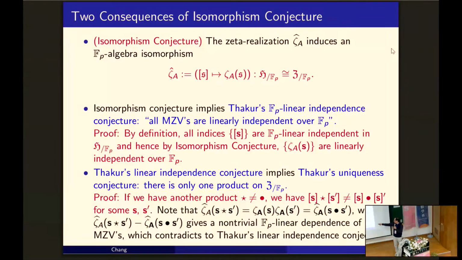Then this subtraction is equal to 0, but it is given as a linear combination of MZVs over F_p. So this gives a non-trivial F_p-linear dependence of some MZVs, which would contradict Thakur's linear independence conjecture. So as a conclusion, if the isomorphism conjecture is correct, then these two conjectures of Thakur would be correct.